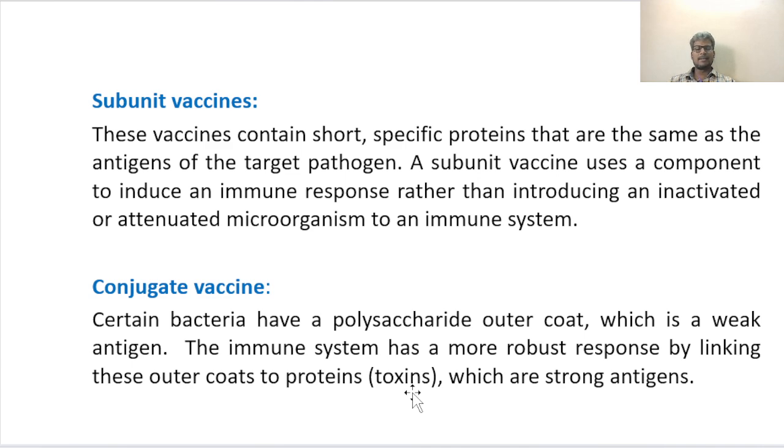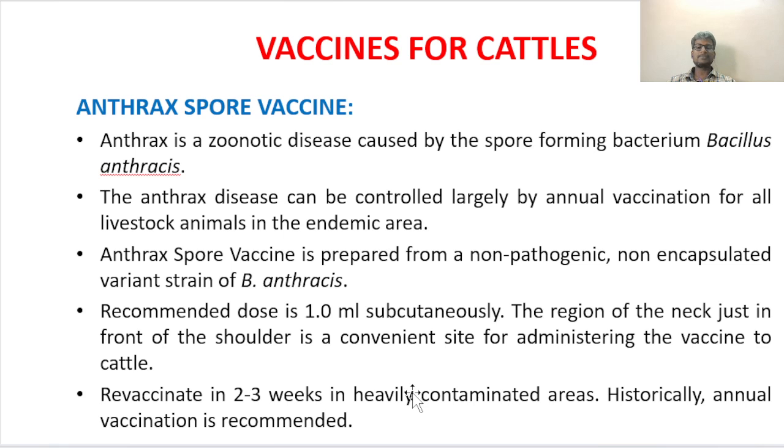One is the surface moiety of a bacterium, the other is a toxin produced by another bacterium. Combining these two entities gives the best result, effectively provoking the immune response in the target animals, which claim it as a strong antigen.